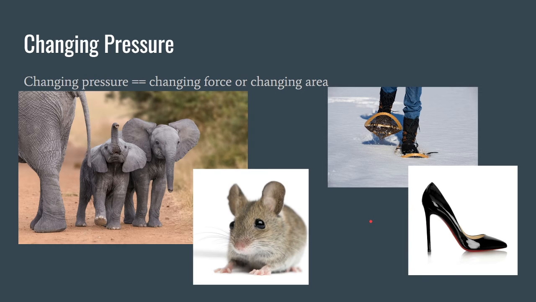All right. So pressure. How do we experience a change in pressure? Changing pressure means changing force or changing area, because pressure is force over area. So you can increase the force, going from mouse to elephant would be one way of changing pressure. You would increase pressure significantly, going from a small force to a big force. But you can also change pressure by changing the area that you're exerting that pressure over. That is what snowshoes do.